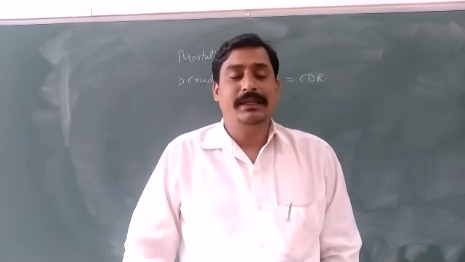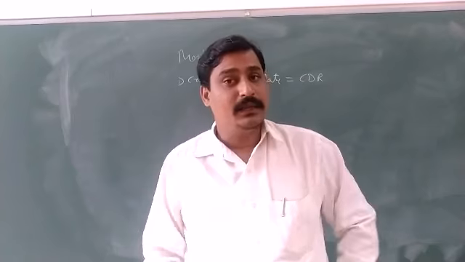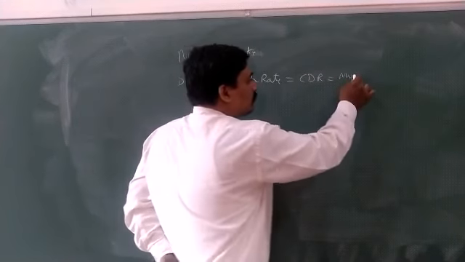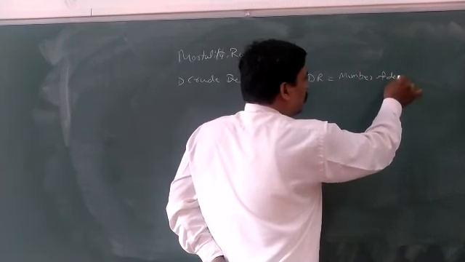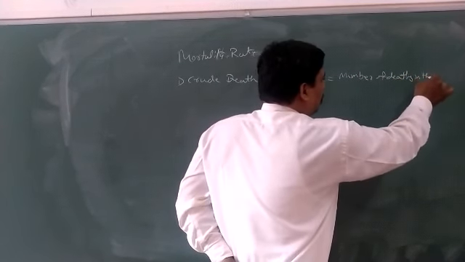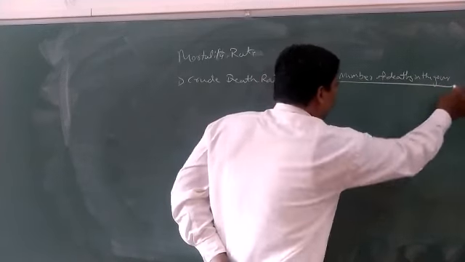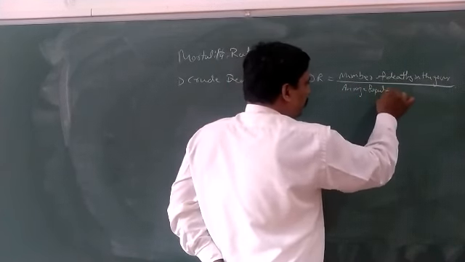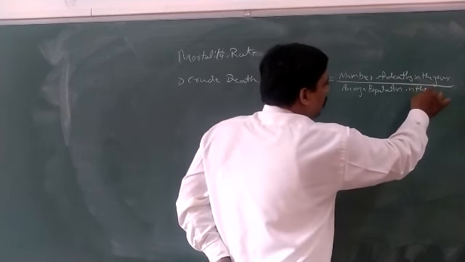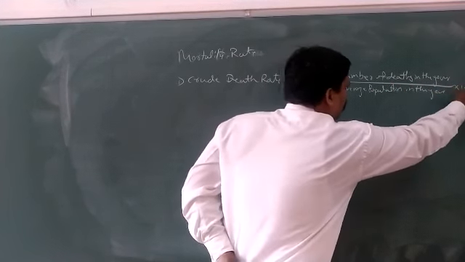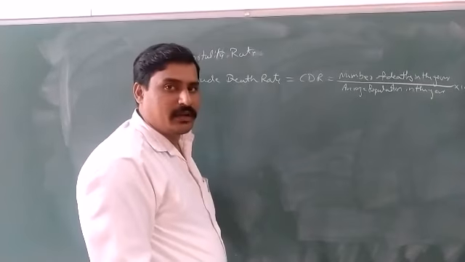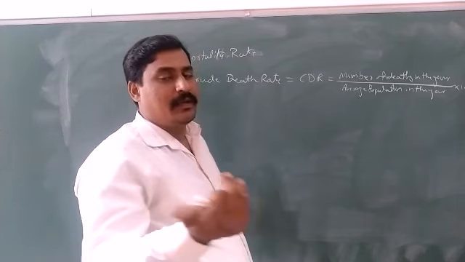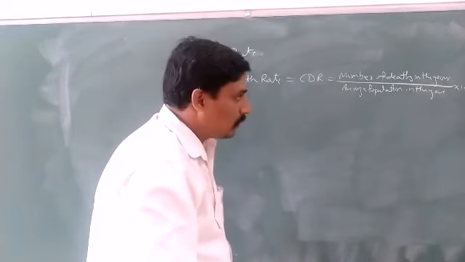So it is the same as CBR, and the formula to calculate CDR is: CDR is equal to number of deaths during the year divided by average population in the year into 1000. In short, D divided by P into 1000. D indicates deaths, whereas P indicates population.